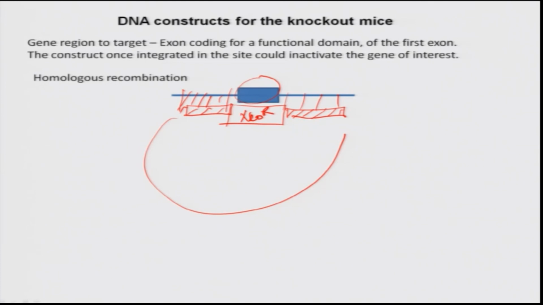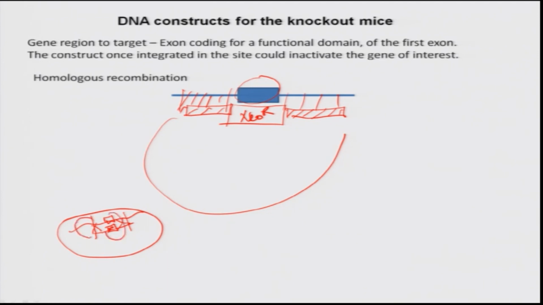Now, what do you expect to happen? If this gets into a mammalian cell, for example a mouse cell, you have the chromosomal DNA in which this exon is here. This DNA would go in, this is your neomycin resistance gene, but these two regions are identical. You expect a process called homologous recombination, in which there is a cut in the DNA here and here, and this segment gets in and that segment comes out.